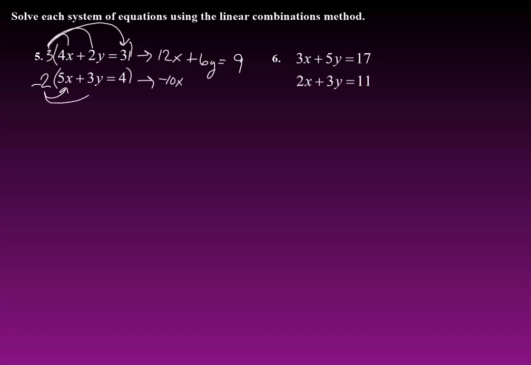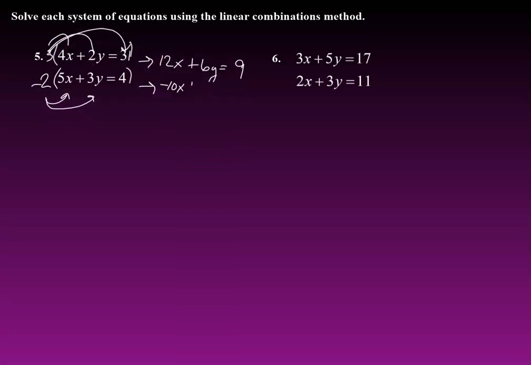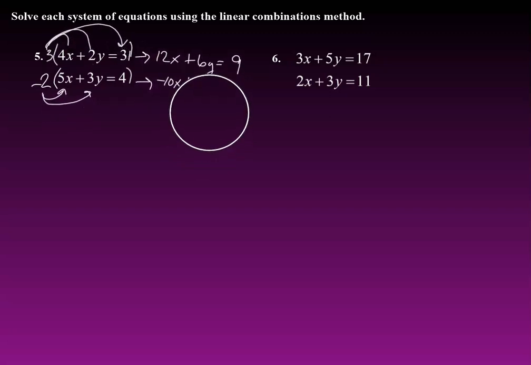We're going to do negative 2 times 3y, that's going to be negative 6y. And we're going to do negative 2 times 4, which is negative 8. Step 1 out of the way.